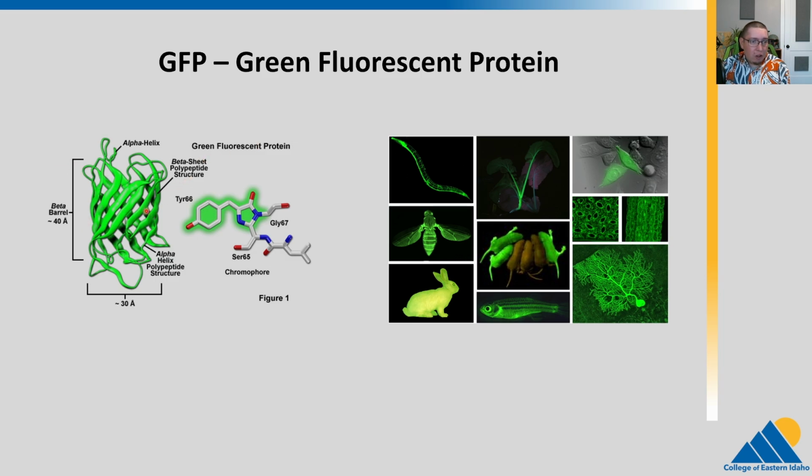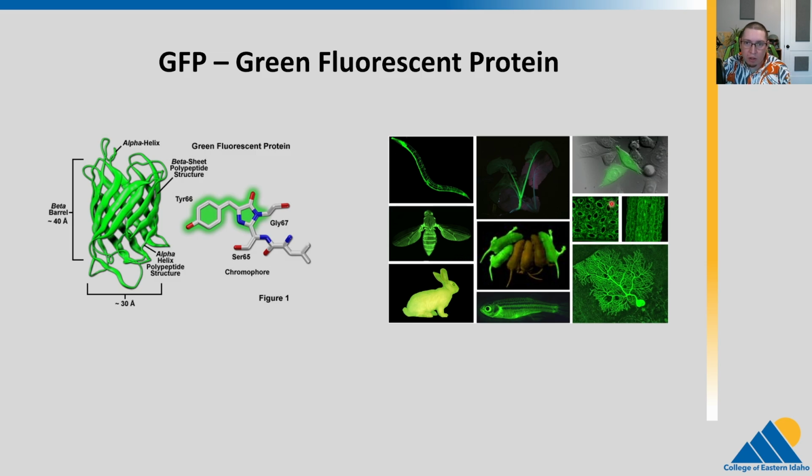It folds into this barrel-like shape, and in the middle are some amino acids and atoms that, when they get hit with certain wavelengths of light, will emit a green glowing color. This is called fluorescence. The DNA sequence for this protein can be added to pretty much any organism. Here's a bunny with GFP added to it. Here's a fish. This is probably maybe a mold or something.